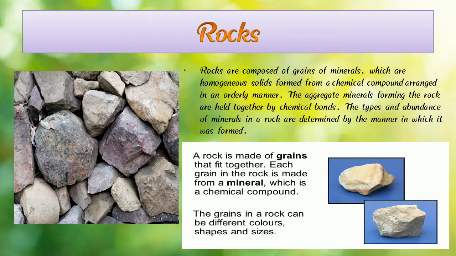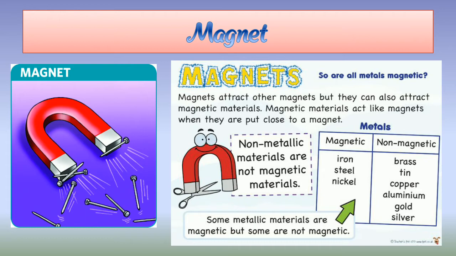natural things. So now next, what is this? It is a magnet. Here we can see a photograph of a magnet, and the magnet attracts the iron pin.